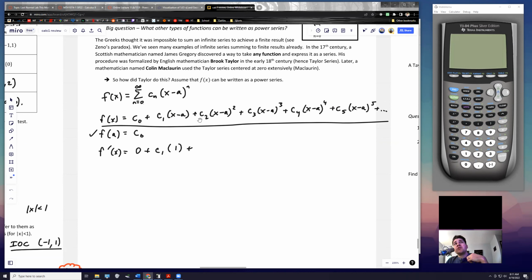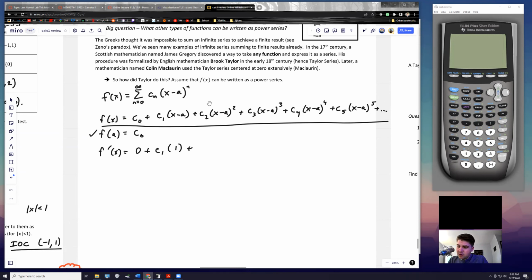Now moving on to the next term of the expansion, if we solve the derivative of this one, again, C2 is a coefficient and will not be affected by the derivative. I can pass that through. And if I take d/dx of x minus a squared, if I use the extended power rule, I could drop the 2 and subtract 1.